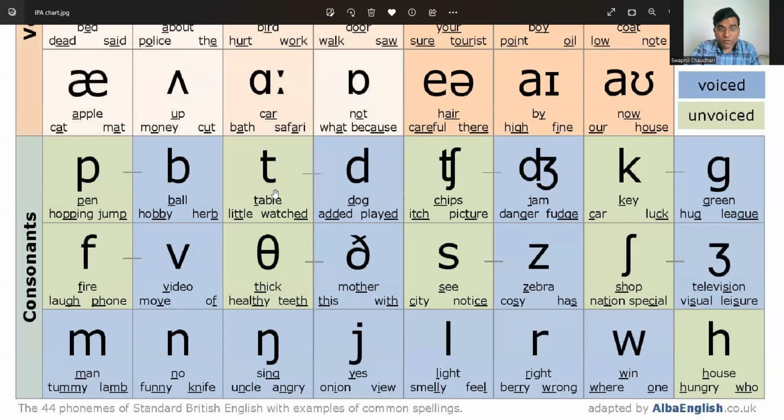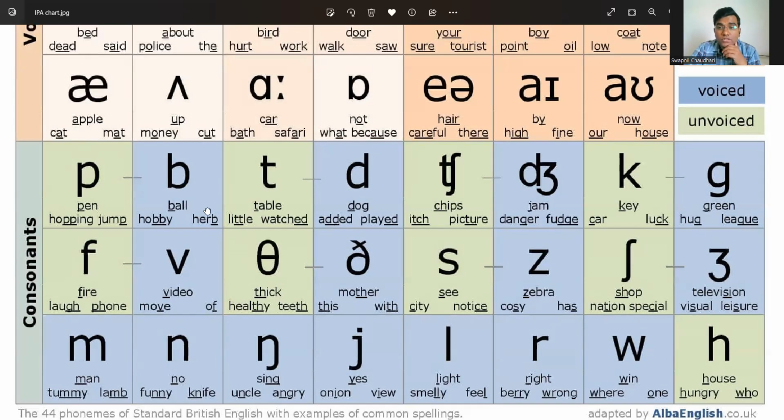So for foreign students who might not be able to produce a particular sound, when you compare two sounds of their language, maybe there is a voiced and an unvoiced sound, and you tell them this is voiced and unvoiced, they know they need to use their vocal cords, some vibration in the throat, to produce these sounds. So that is the difference between voiced and unvoiced consonants.